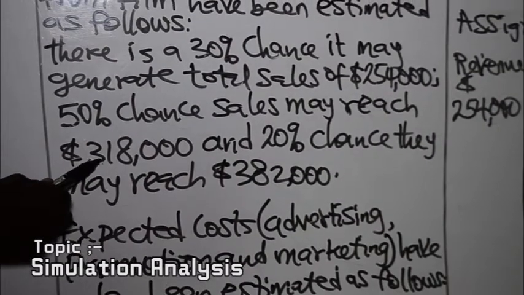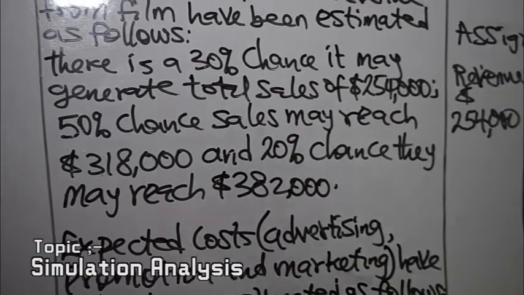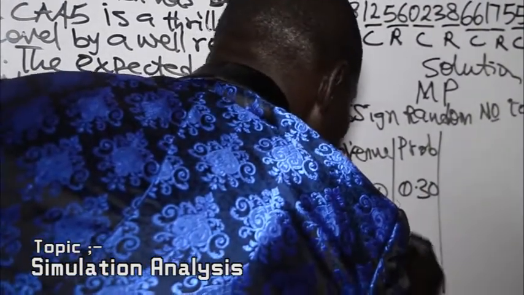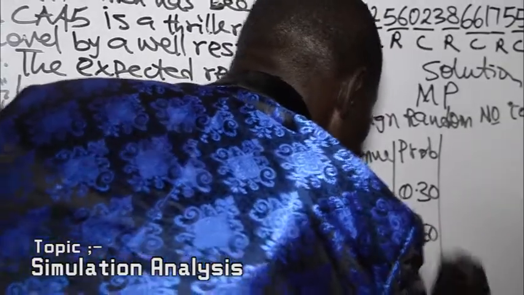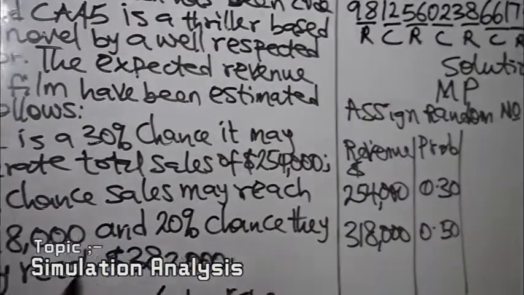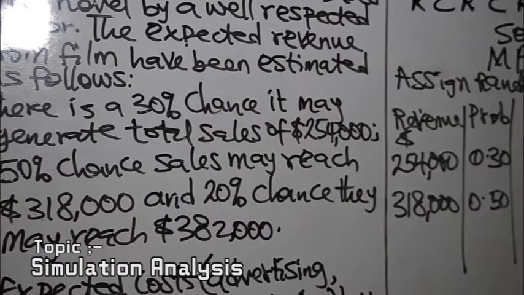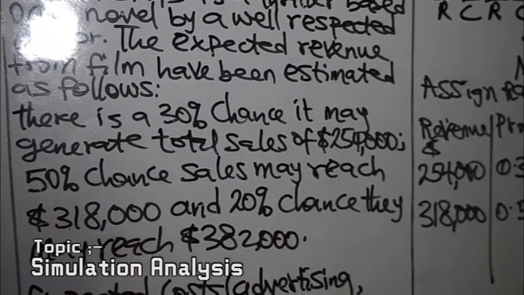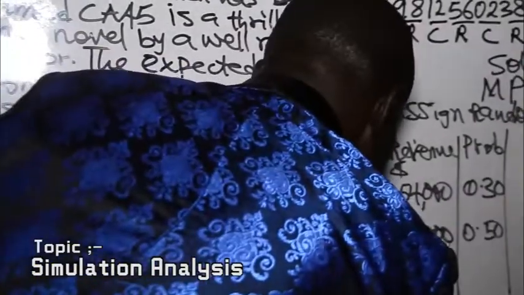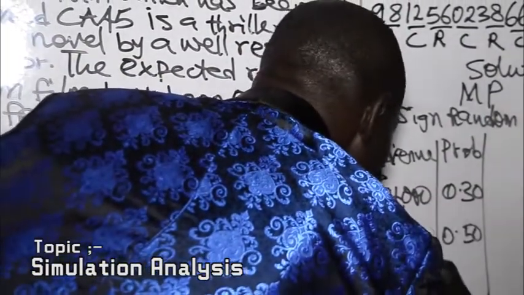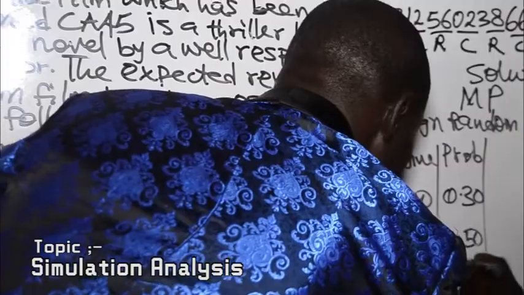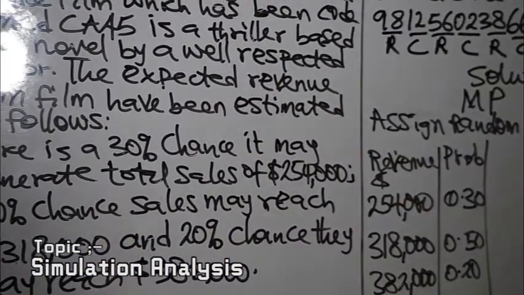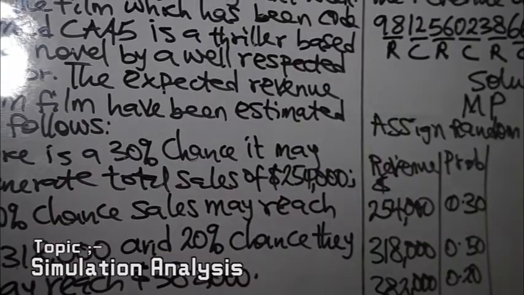And a 20% chance of having $382,000 as revenue. That is the revenue and the associated probability.